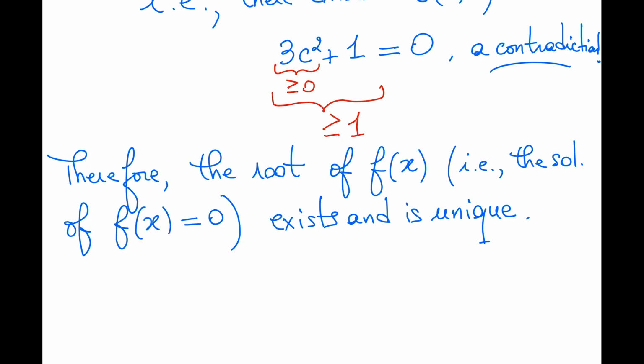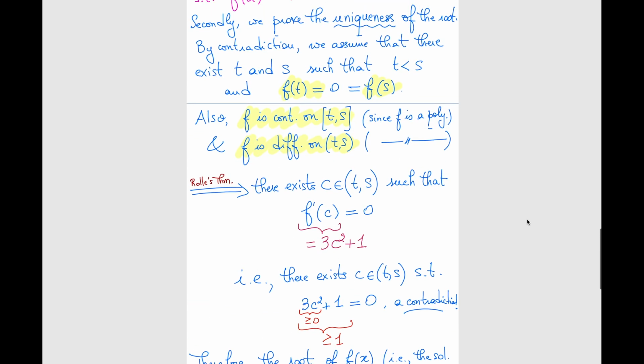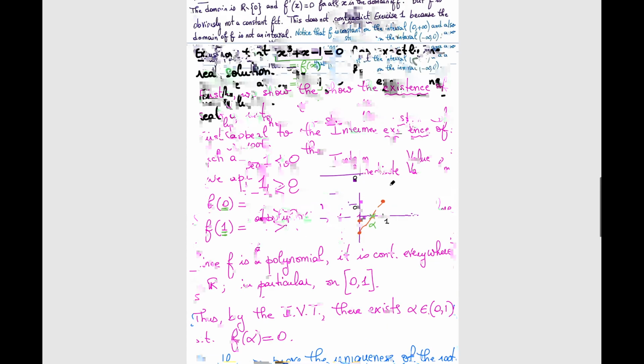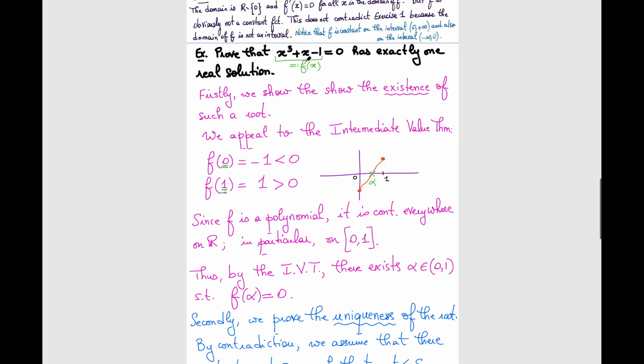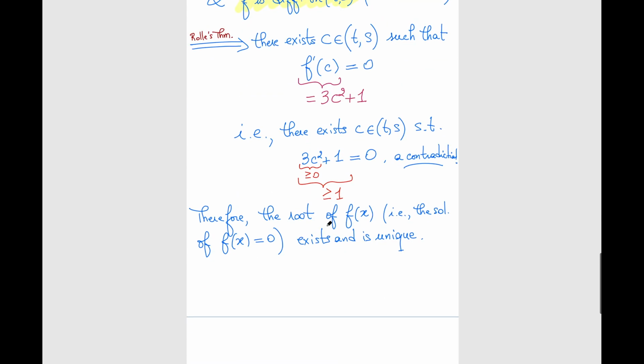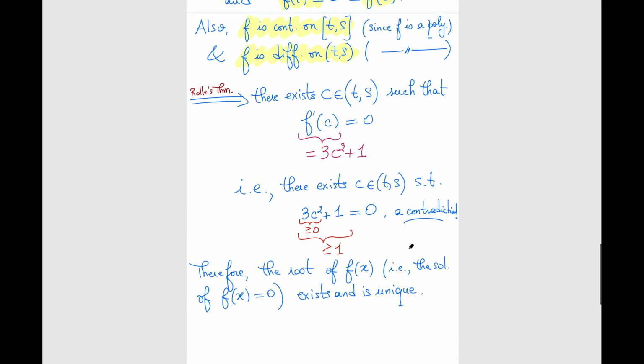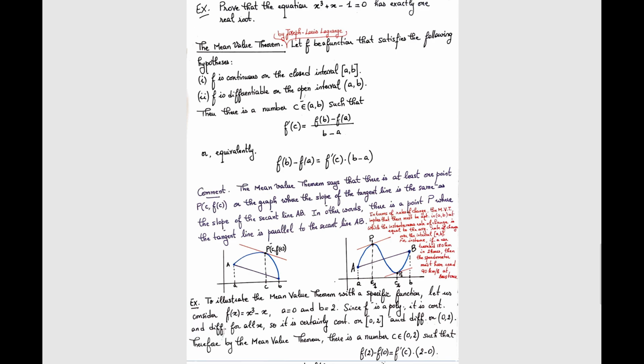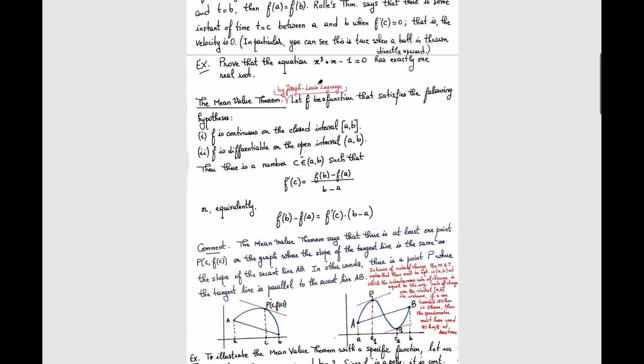Answering the question that we wanted to do, right? The question was, prove that there exists one and only one real solution to this equation. We just showed the existence of it and the uniqueness of it, and as such we can conclude that that root exists and is unique. All right, very good. So we're done with this exercise. This is what we did.